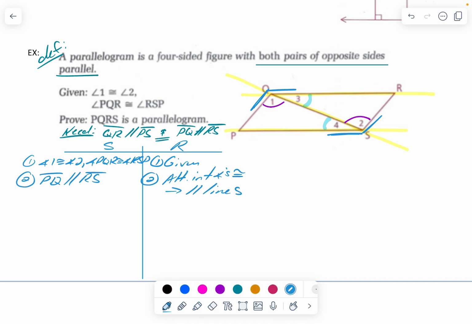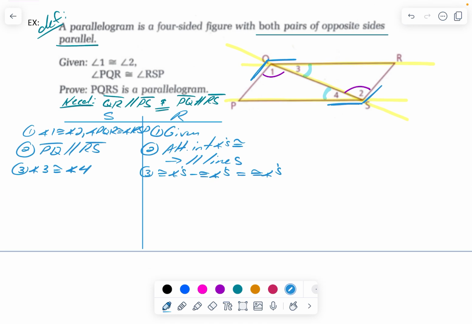We could say them right now, yes, because we could say they're congruent because we have the big angles congruent. Angles 1 and 2 are congruent, so it's our old congruent angles minus congruent angles equal congruent angles, our subtraction property.